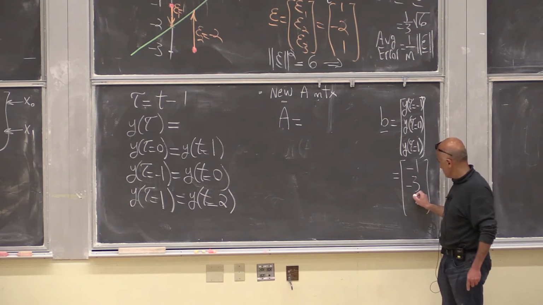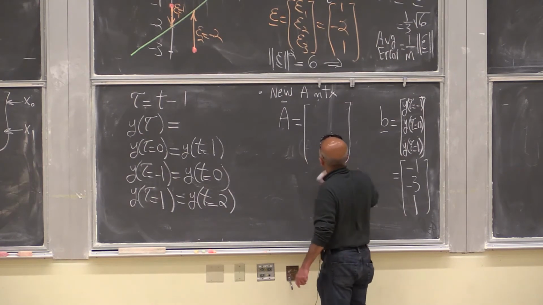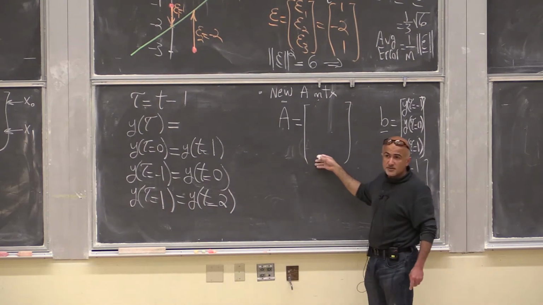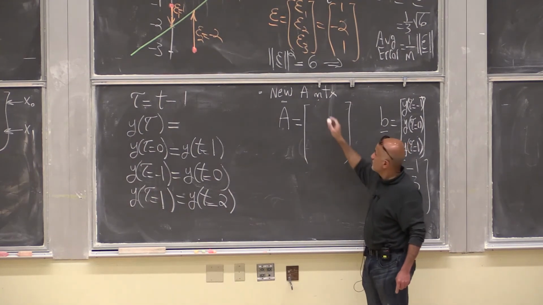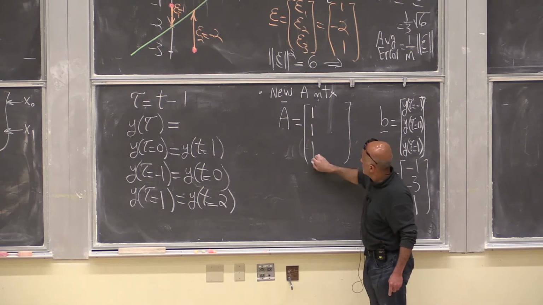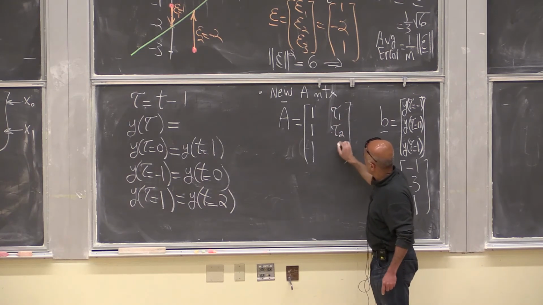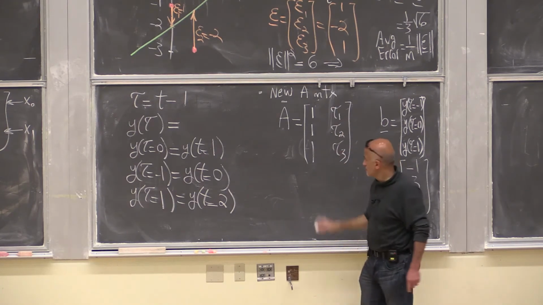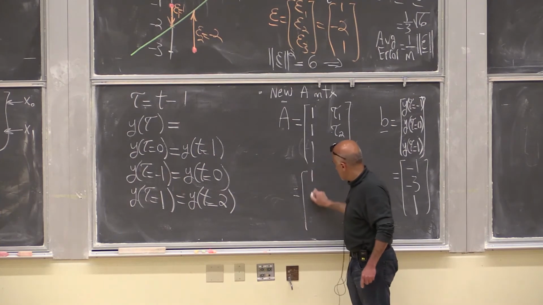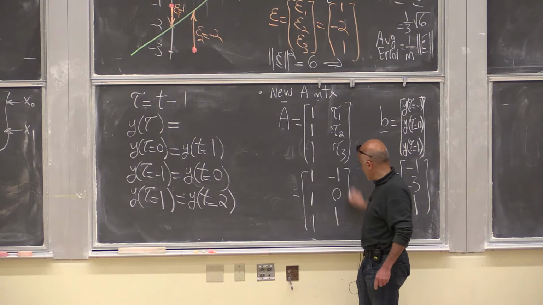Minus 3 and 1. What is my new vector A? Does the column change? And what are my new times? 1, 1, 1, negative 1, 0, and 1.